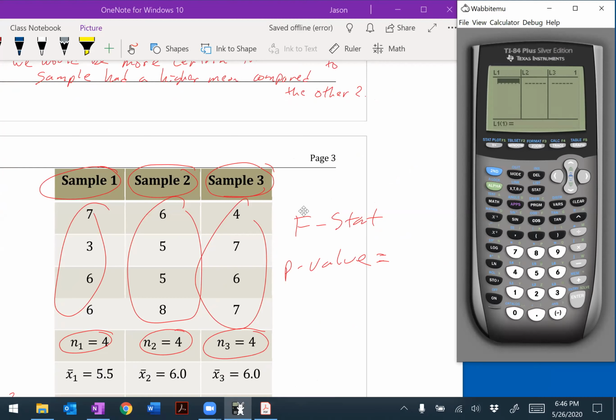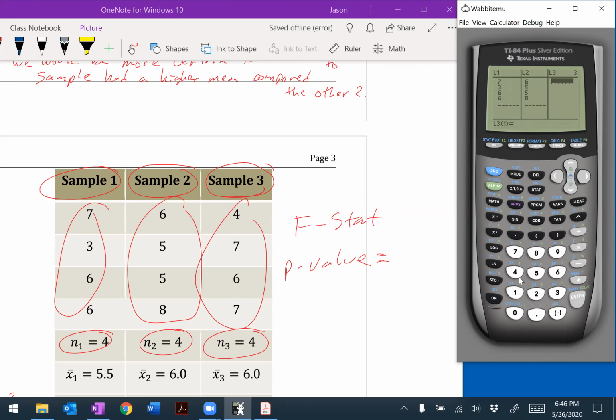Because I want to compare the 3, right? So list 1 is 7, 3, 6, 3, 6, 6. Okay, what's list 2? List 2 is 6, 5, 5, 8.